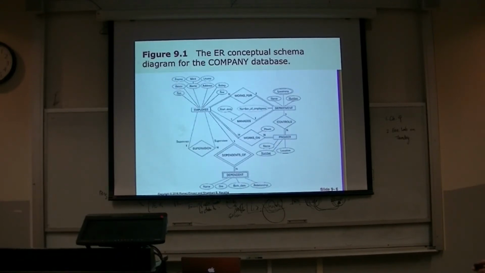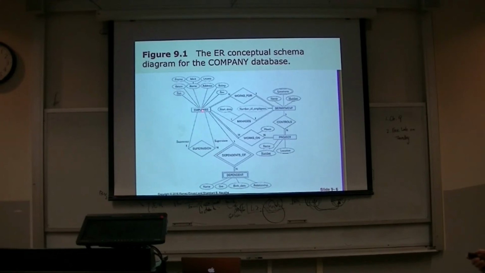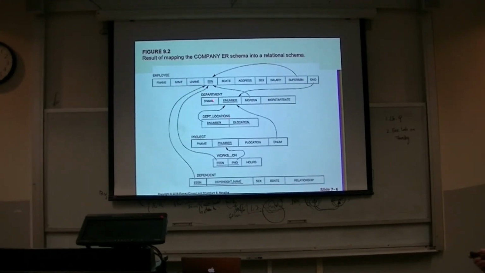One of the main reasons why we always pick the ER model for our database design is this. The ER model is very similar to the relational schema diagram, the relational database model. As you can see, employee, department, project, dependent are already tables, relations.